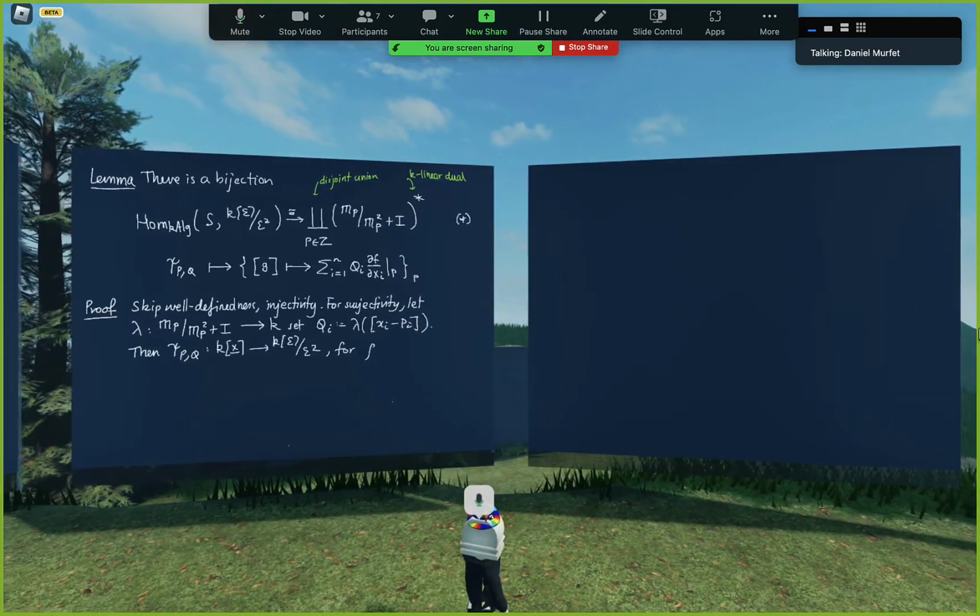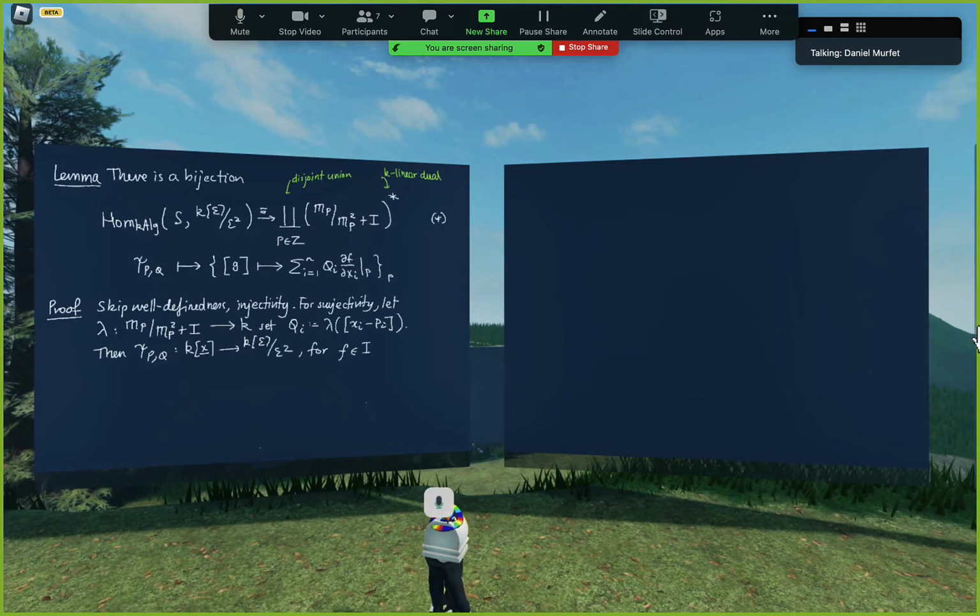So for f in I and p in the variety, I compute the following. Psi pq of f is fp, well, fp is 0. Right? Because f is in I, and I is the ideal of things that vanish.